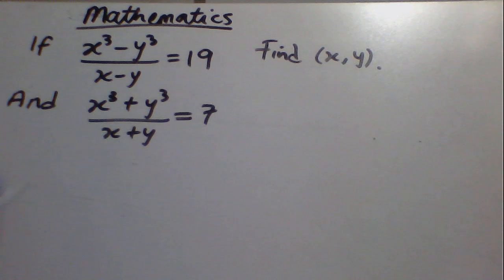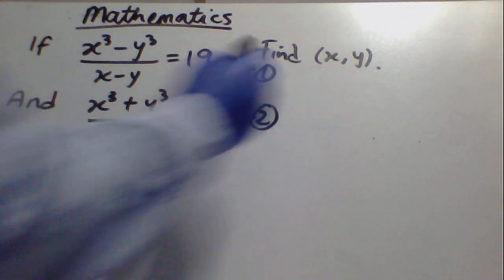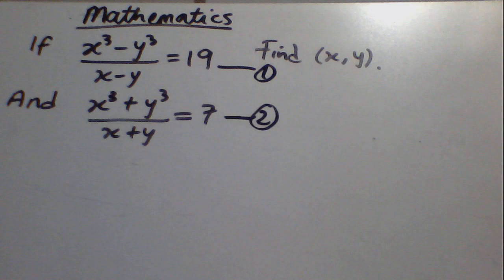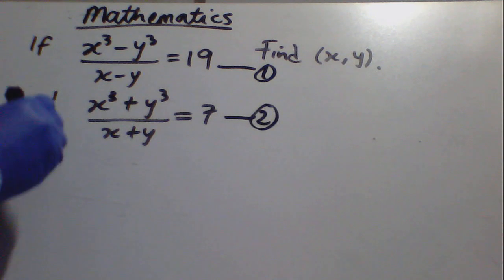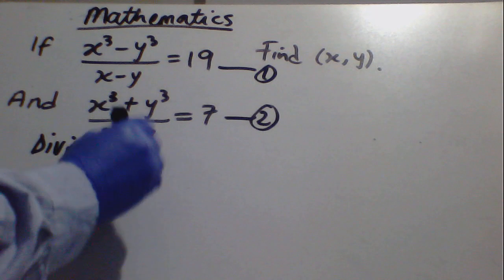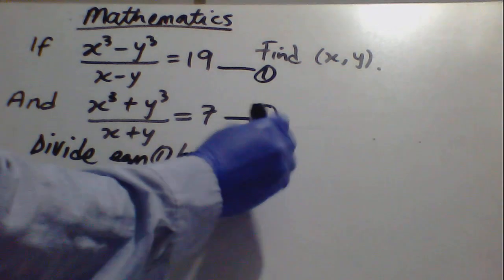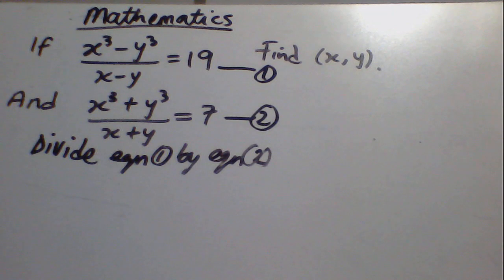The first thing you have to do is to label the equations. Once you have done that, divide equation 1 by equation 2.